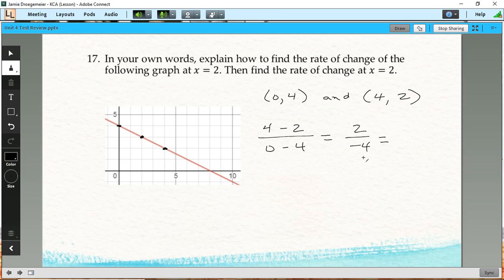So we would have an average rate of change at x equals 2 of 2 over negative 4. If I simplify that, they're both divisible by 2. One's positive, one's negative. So our rate of change at x equals 2 is negative 1/2. So that's how we can take a graph and find that rate of change.